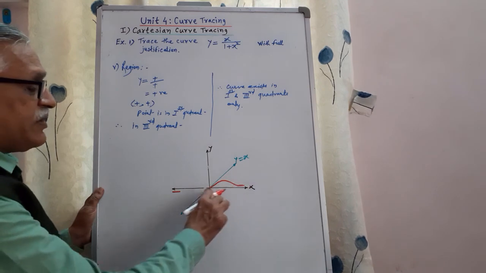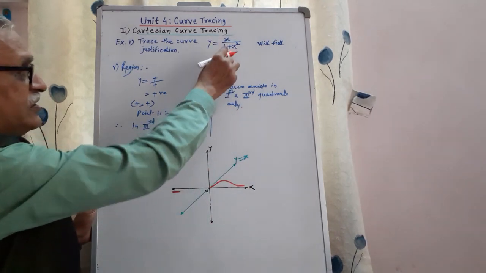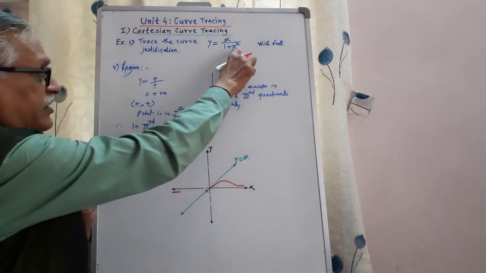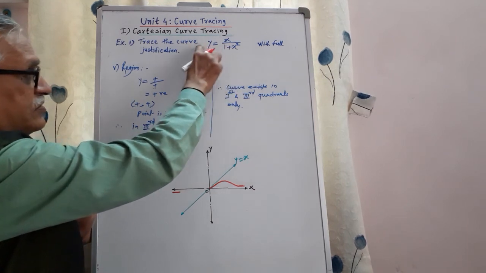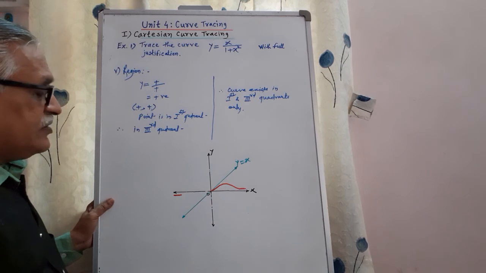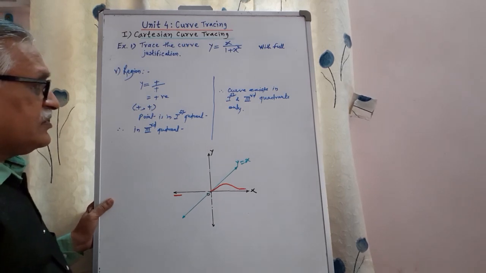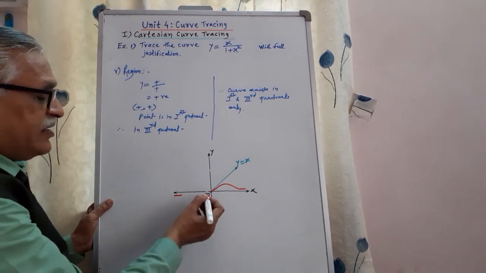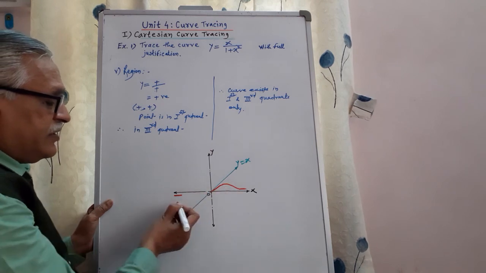Why are we not joining it by a straight line? Because it is not a linear curve, it is with degree three. And then have symmetrical part in third quadrant.